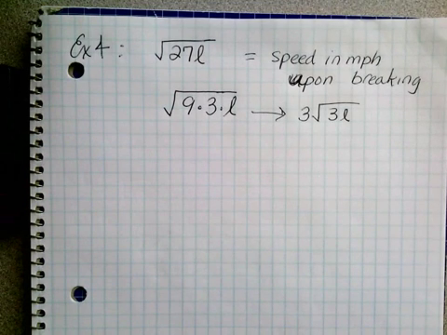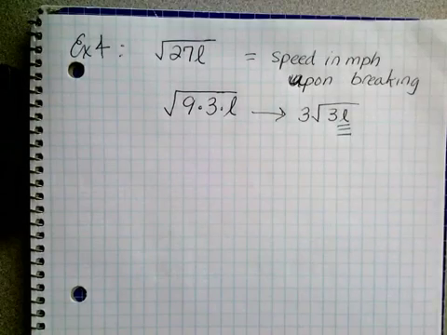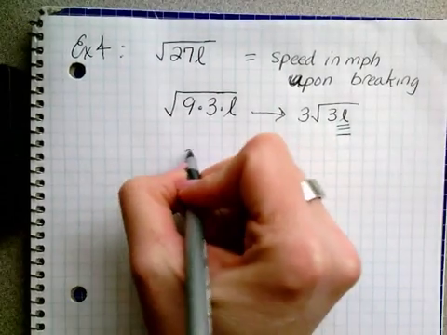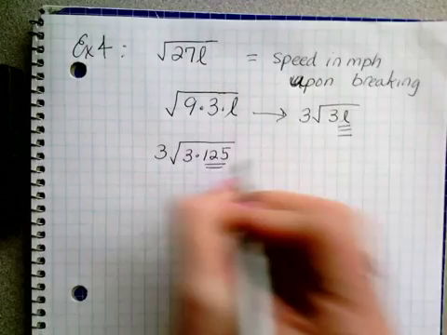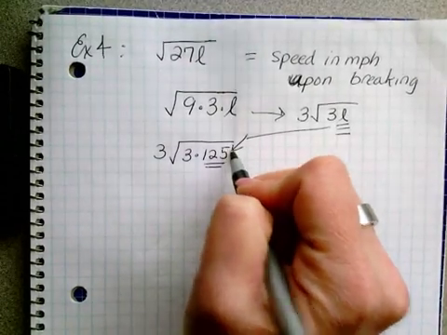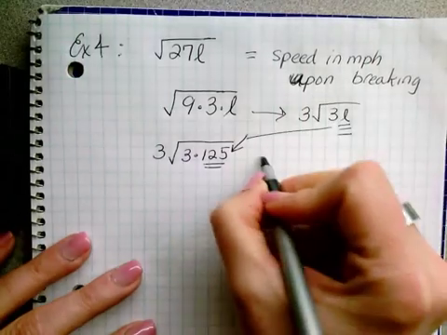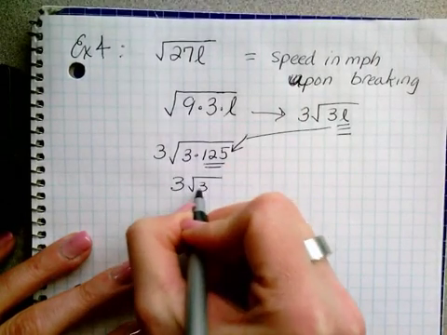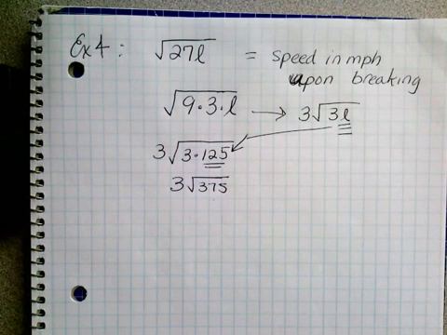The police officer measures that it's 125 feet long. Let's approximate the car's speed. Based on this, we plug in the car's length at L. Do you guys see how I replaced L with 125, because that's the amount of feet? 125 times 3 is 375, right? 3 radical 375. Factors of that, or is it a perfect square?